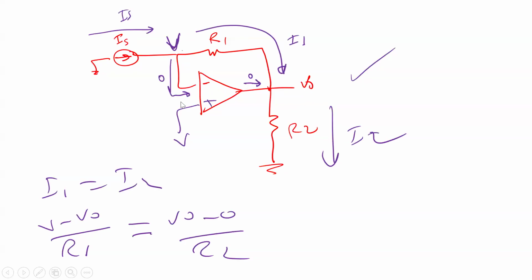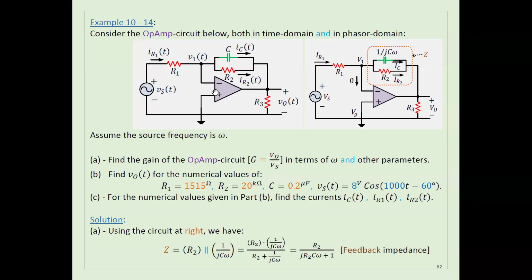here I'm going to show you an example. We have an op-amp, similar to what we did before, but here the input is EC. Also, we have a capacitor and a resistance here. You will see that I analyze this circuit exactly similar to what I did before.